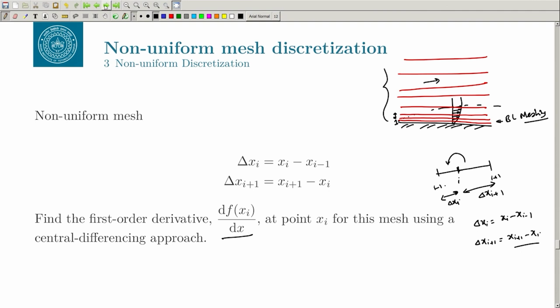So, how do we do that? We will use our good old Taylor series approach. So, remember this i plus 1 and i minus 1. This is delta x i plus 1 and this is delta x i.